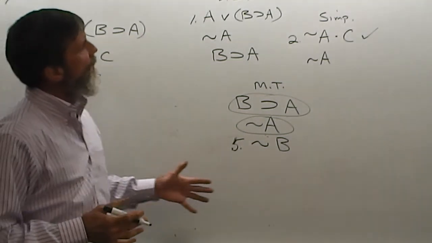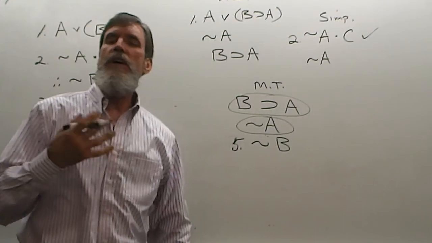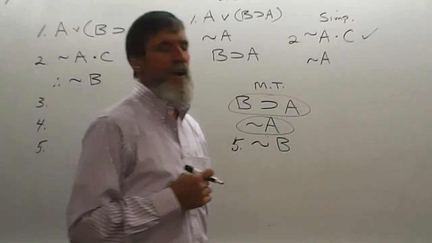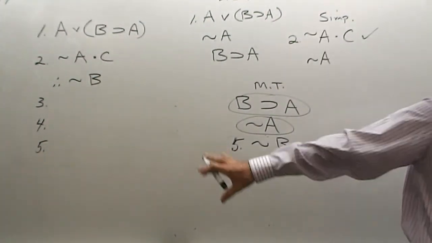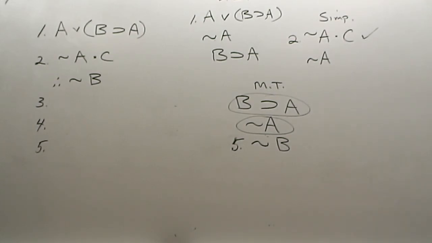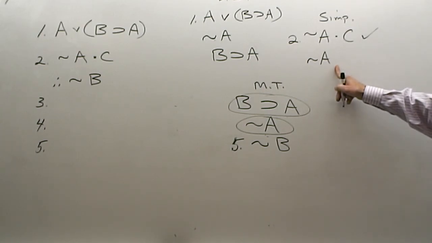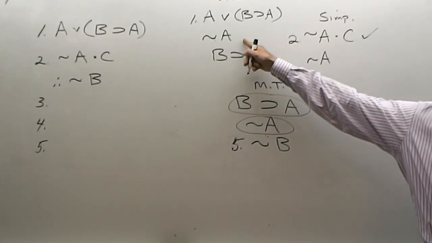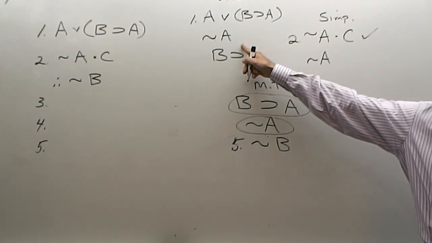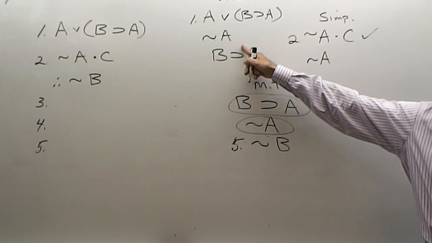Now, I want you to figure out which one of these has to occur first in our actual proof. We need to extract curl A, which we could do at any time, but it has to be prior to disjunctive syllogism. Understand? Because we need curl A for the disjunctive syllogism.